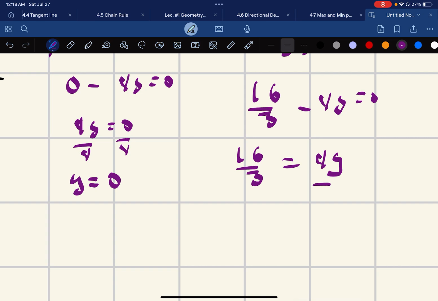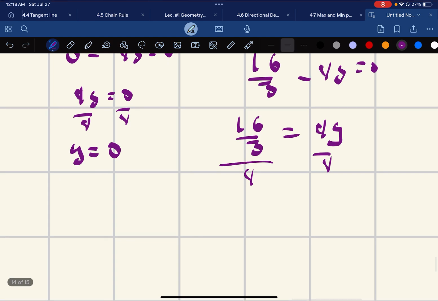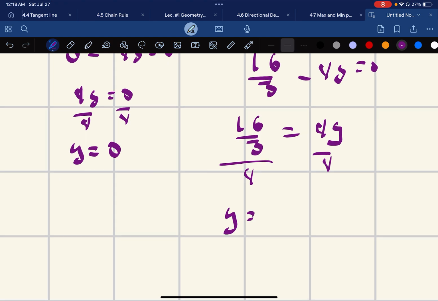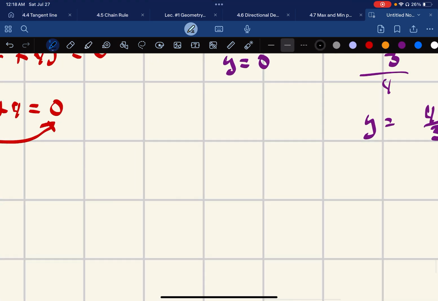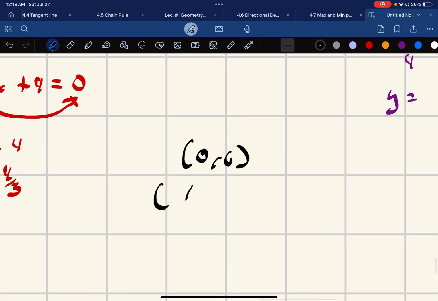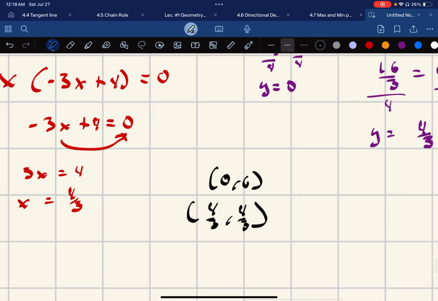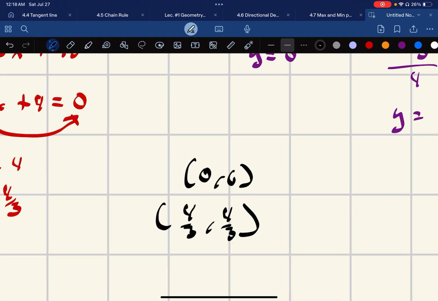And we divide by 4, and we divide that by 4. So we get y equals 4/3. So our critical points are 0, 0, and 4/3, 4/3. Now we would have to figure out if these points are saddle points, local mins, or local maxes.